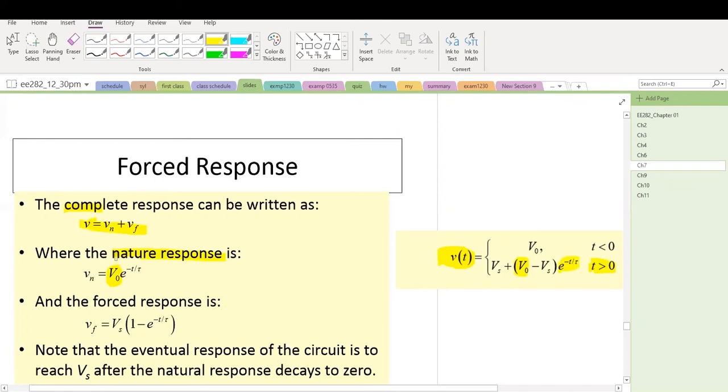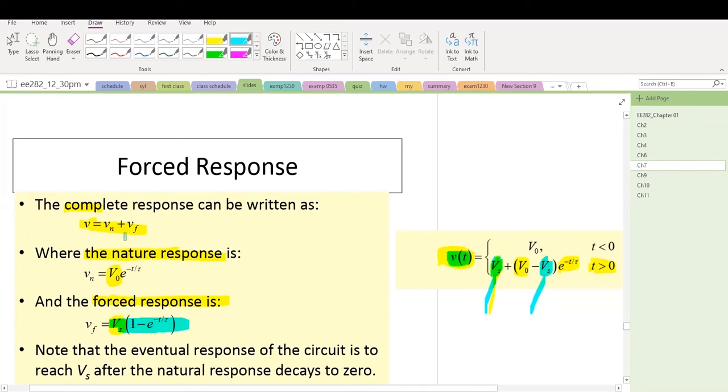Because this is a natural response, it's due to the initial voltage only. The other portion is the forced response, vs. Combine these two terms together, and that will be this. So this is the forced response.